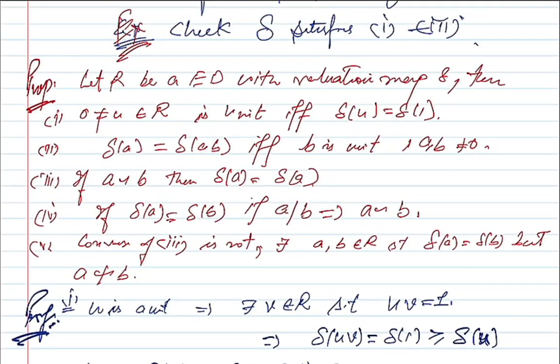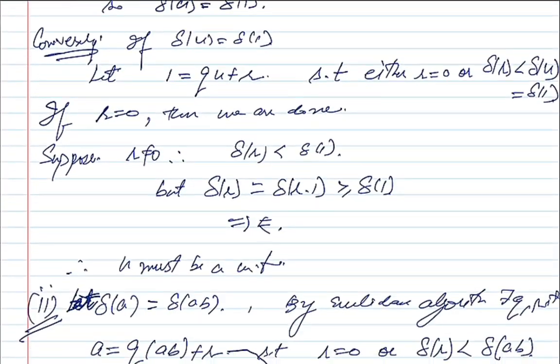Now the third property tells you that if A is associated to B, then they are equal.